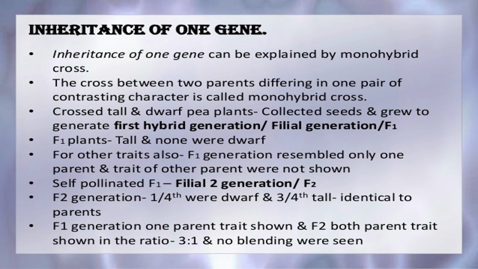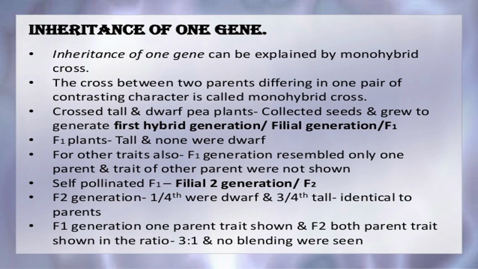F1 plants are all tall because the tall character is dominant compared to the dwarf. For other traits also, the F1 generation resembles only one parent, and the trait of the other parent was not shown due to dominance. Self-pollinated F1 led to the F2 generation.